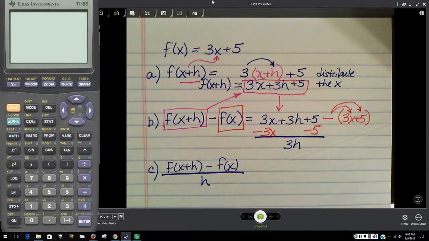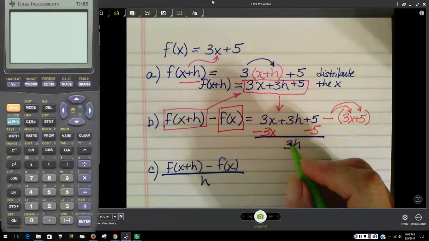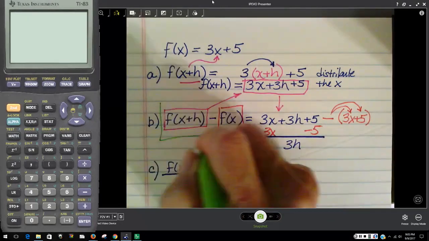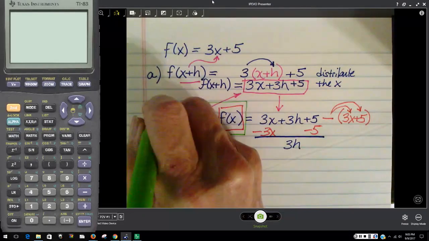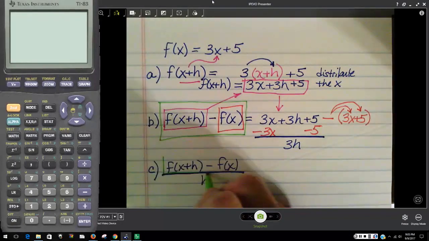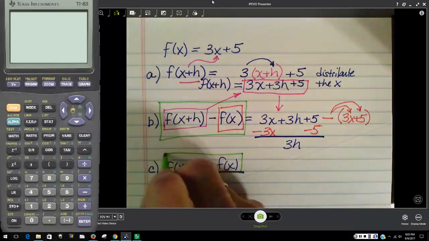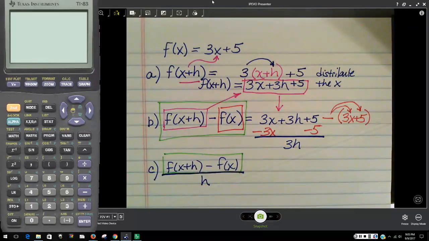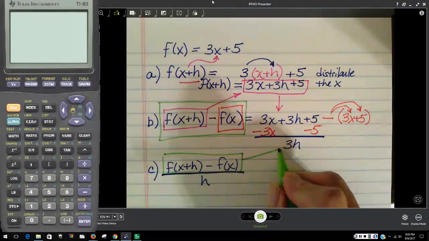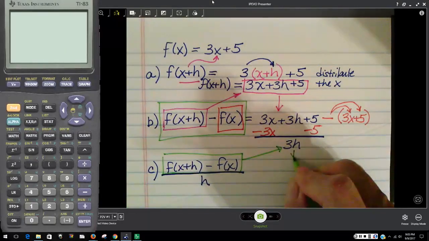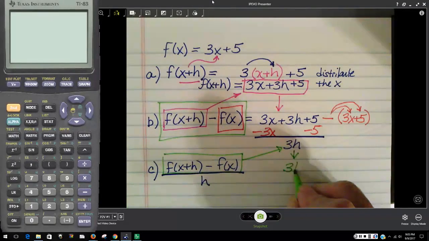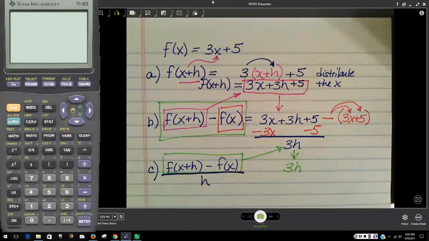And then in the next step, we're going to take this quantity, f of x plus h minus f of x, and it's going to be the numerator of this fraction. So it's going to be 3h. And that's going to be placed over h.